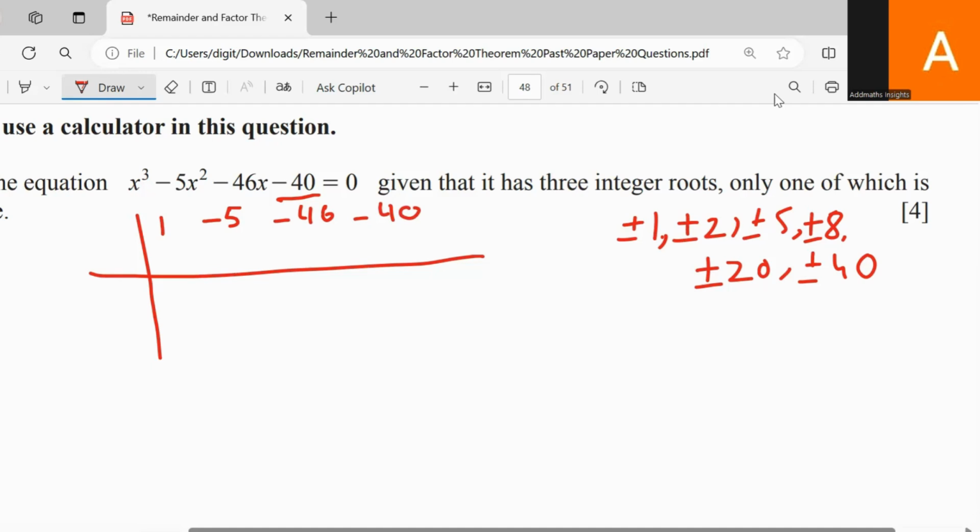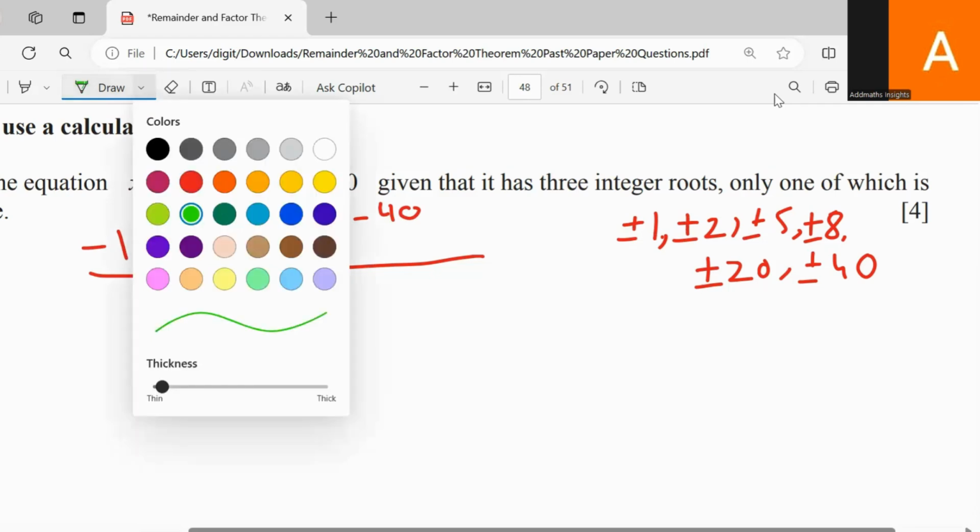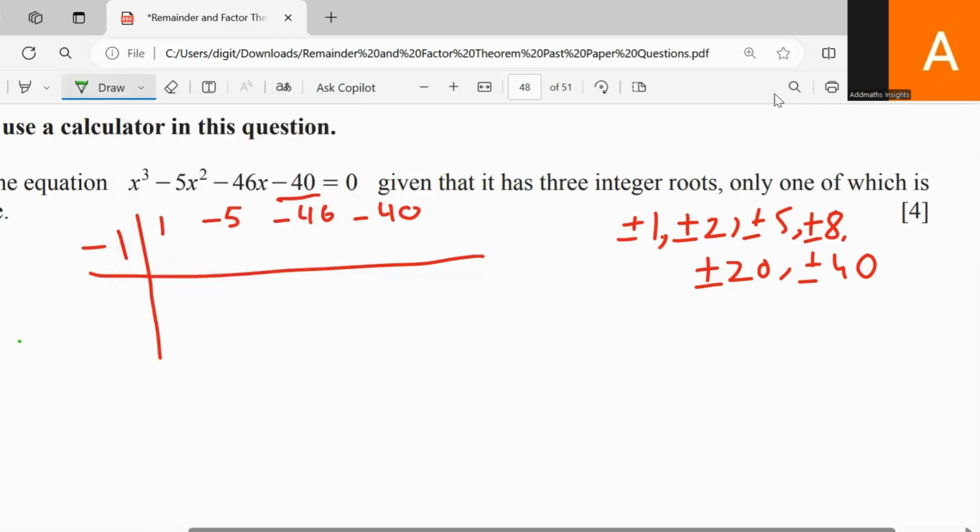We assume that minus 1 is a factor and check whether it is a factor or not. You write the first coefficient as it is, and then you multiply this 1 by minus 1 and write it over here. Now you solve: minus 5 and minus 1 is minus 6.